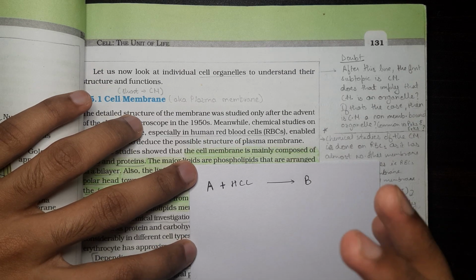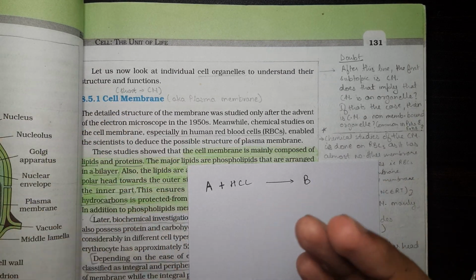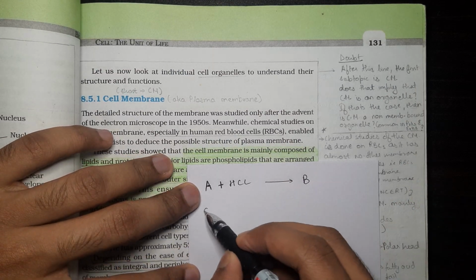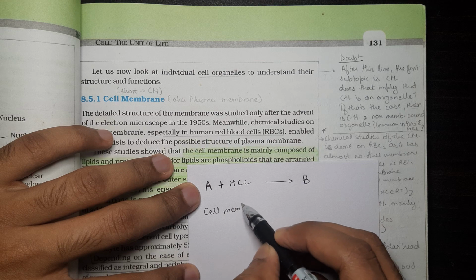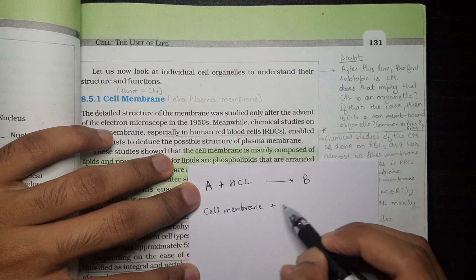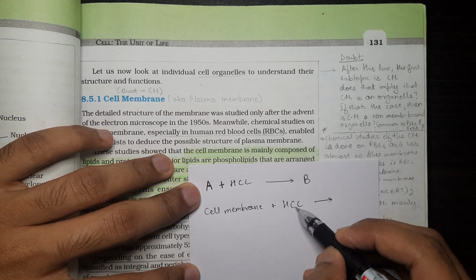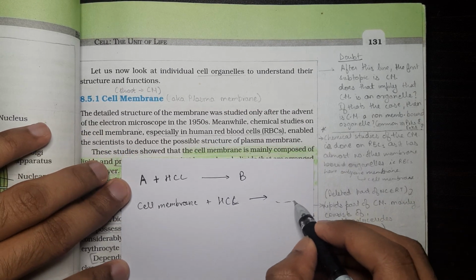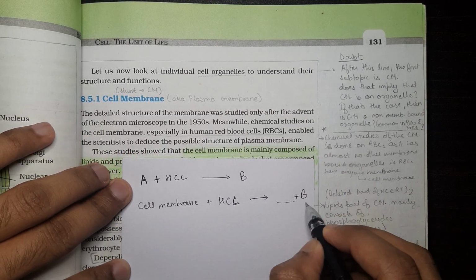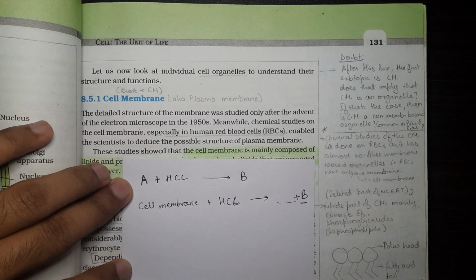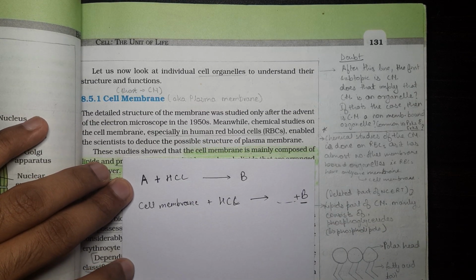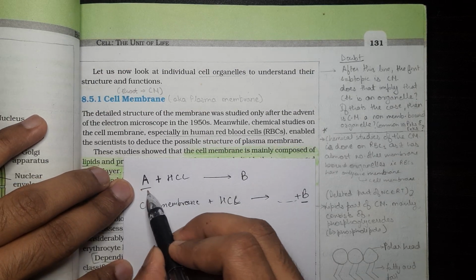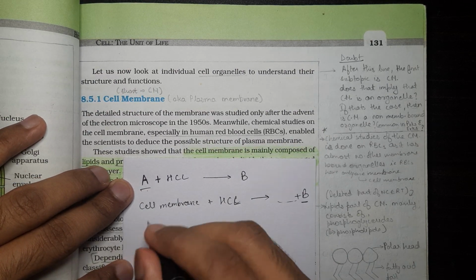Then you take the cell membrane from a cell, and add HCl. So cell membrane plus HCl, and then you notice that there are a lot of compounds forming, but there's also formation of B. So from that you can deduce that there is a chance that compound A is also present in the cell membrane.